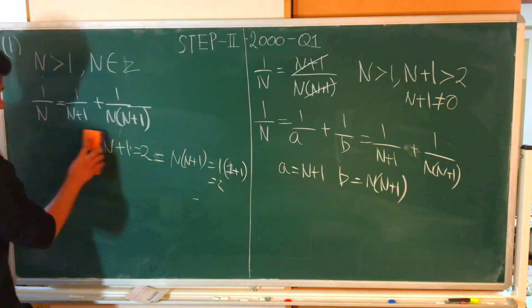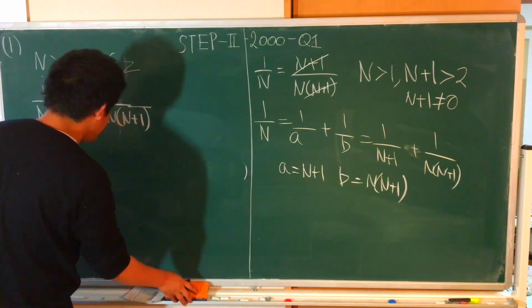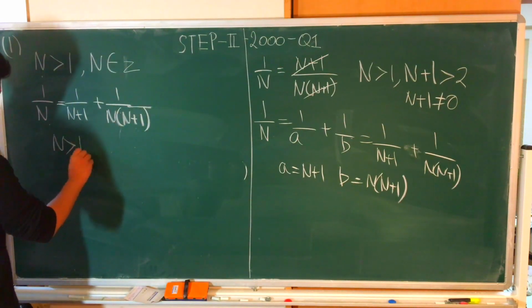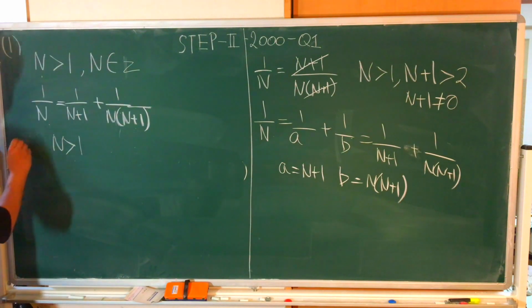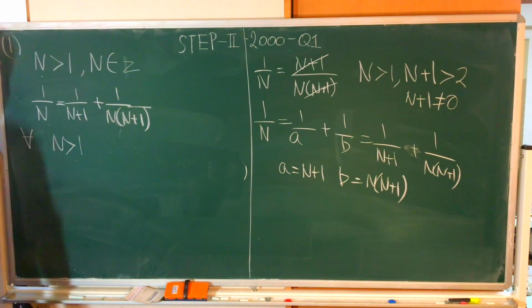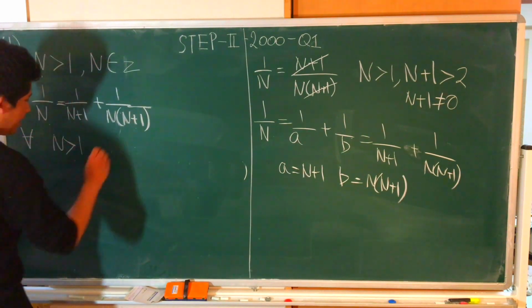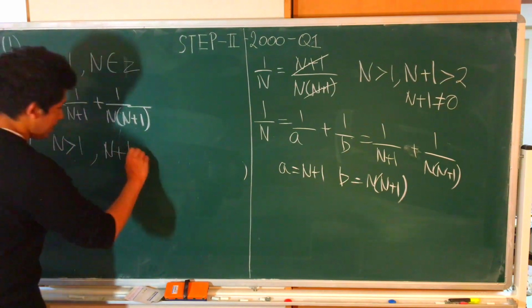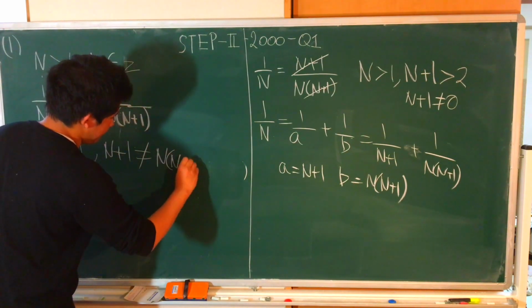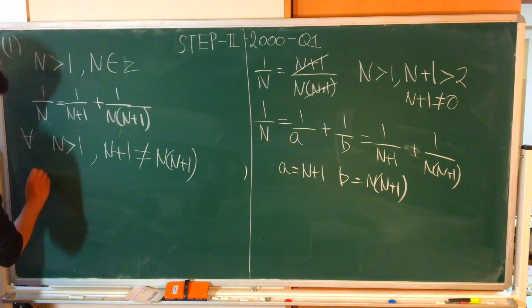But the question clearly states that n is larger than 1. Therefore, for all n larger than 1, n plus 1 does not equal n times n plus 1.